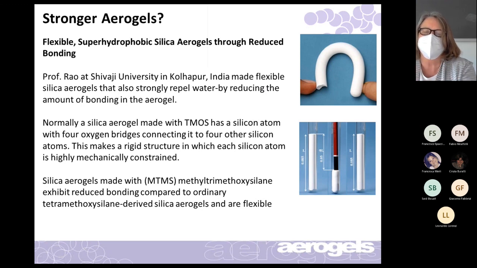And Professor Carroll talked a little bit about this with hydrophobic aerogels. Normally you make a silica aerogel with the TMOS, tetramethyl orthosilicate, or the TEOS, tetraethyl orthosilicate. You have the silicon atom with 4 oxygen bridges that connects to others, and so on.